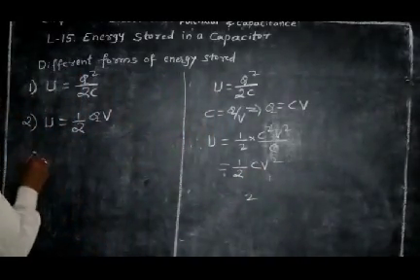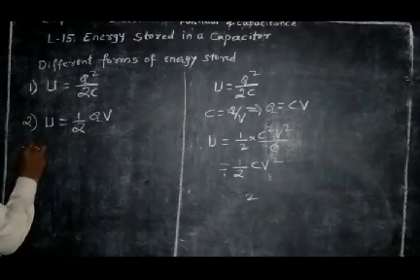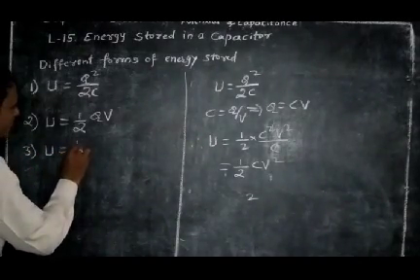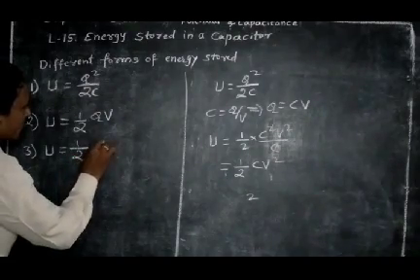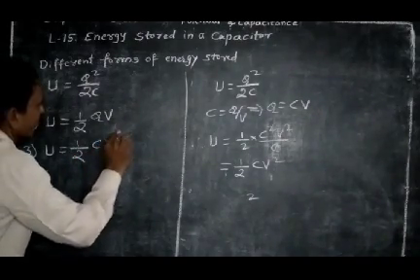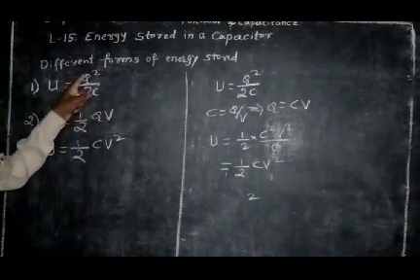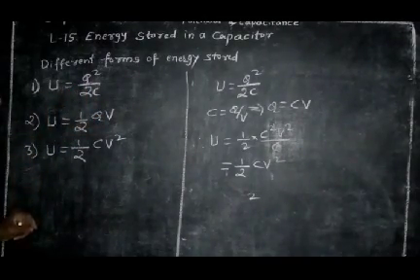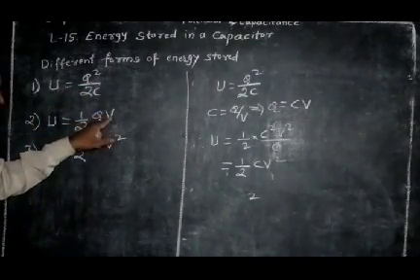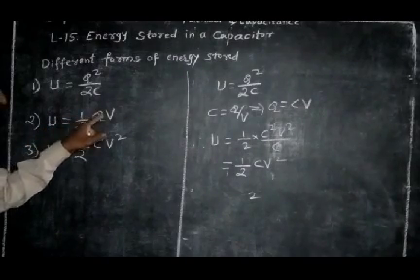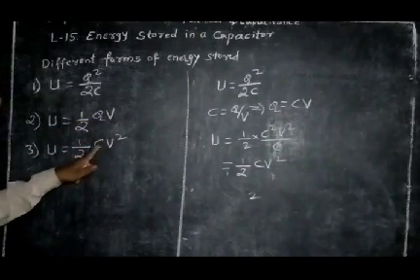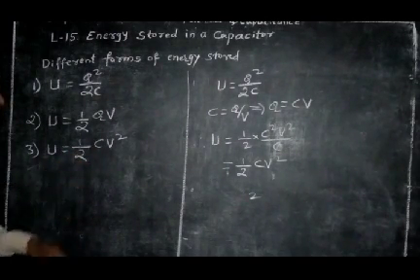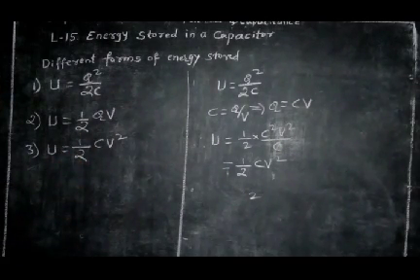Therefore, another form of potential energy, U equal to half CV square. If we know Q and C, then U equal to Q square by 2C. If we know Q and V, then U equal to half QV. If we know C and V, then U equal to half CV square.